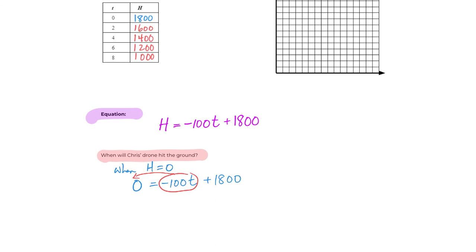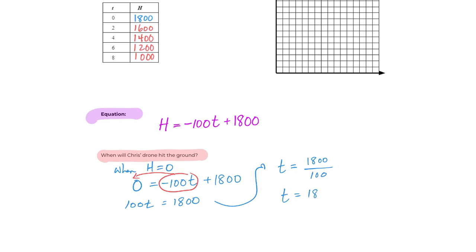So to get rid of a minus 100t, I'm going to add 100t. And then to get my t all by itself, I'm going to take my 1,800 and divide it by 100. And that means that t is going to be 18.